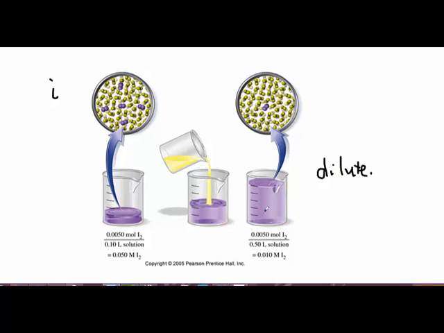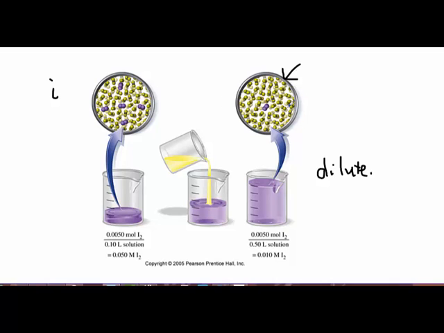The same number of iodide molecules are still present in the solution, but now there's a greater volume of solution, and so if we look at the close-up, we can see that there are water molecules now taking up more space, and so we see fewer of them in the same given volume.